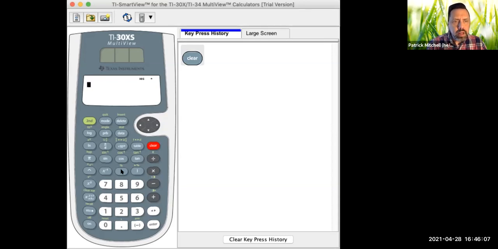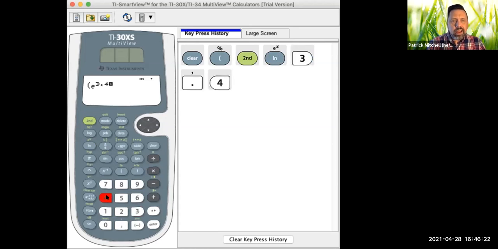So if I want to put that all in one step, I'm going to start with a parenthesis. And then I'm going to press second ln to get e to the x. My calculator automatically prompts you for the exponent. 99% of the time when you use the e button, you're doing e to the power something.